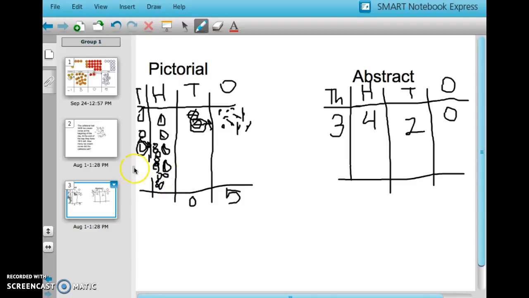Now that we have enough chips, we can subtract the 6 chips that we need to subtract. So we have 1, 2, 3, 4, 5, and 6. So we have 1, 2, 3, 4, 5, 6, 7, 8 chips left over.